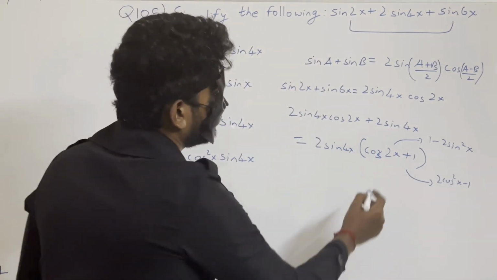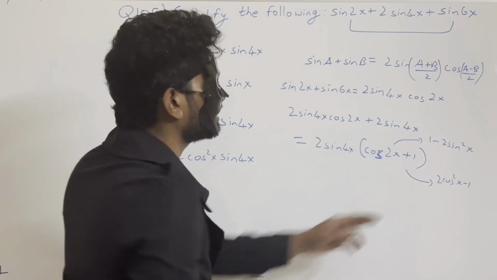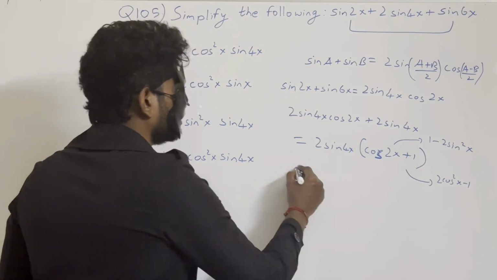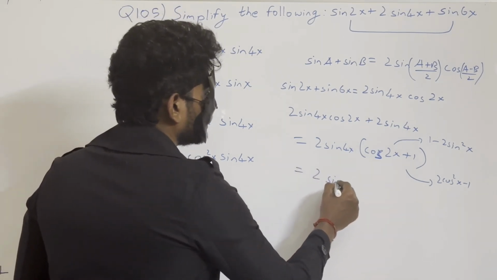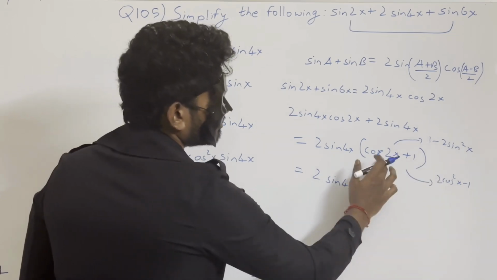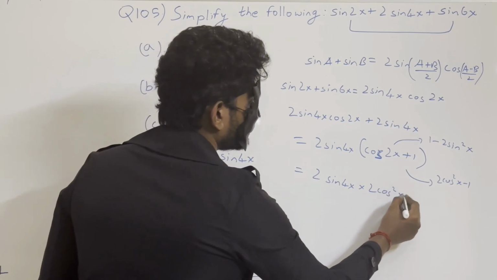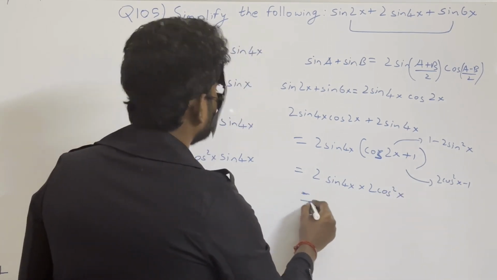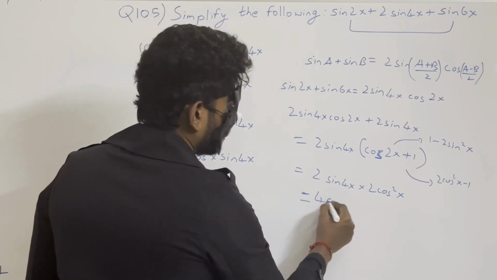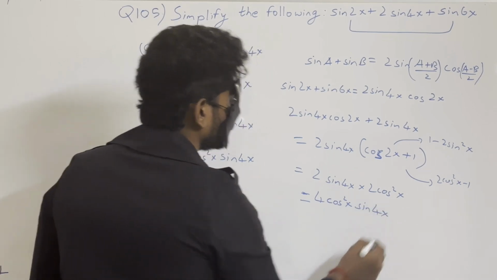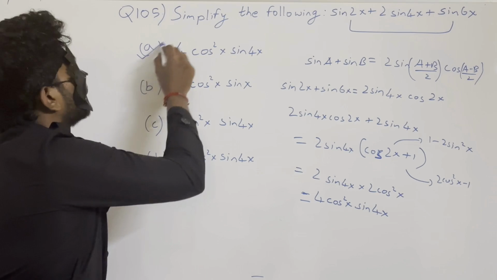Now it's better to write 2 cos square x minus 1 because only then this plus 1 will get eliminated. So it will be nothing but 2 sin 4x, 2 cos square x minus 1 plus 1 will get cancelled, into 2 cos square x. This is nothing but 4 cos square x into sin 4x. So option A is right.